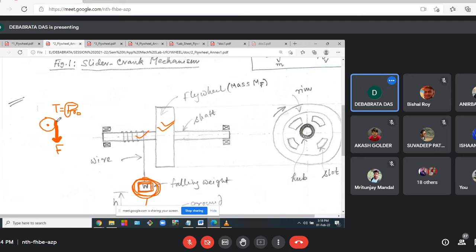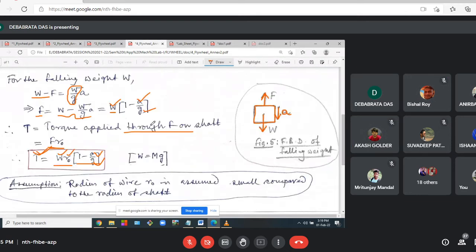That means we neglect the thickness of the wire because that is negligibly small with respect to the radius of the shaft. So that is another assumption. It is assumed to be small compared to the radius of the shaft.